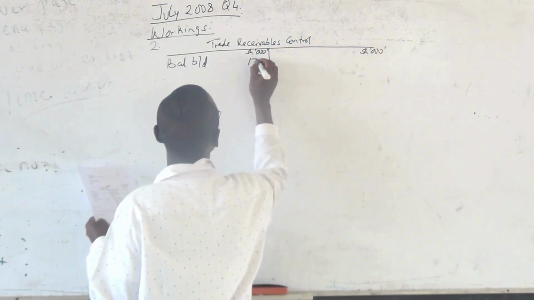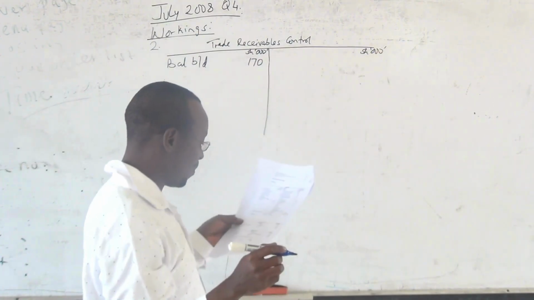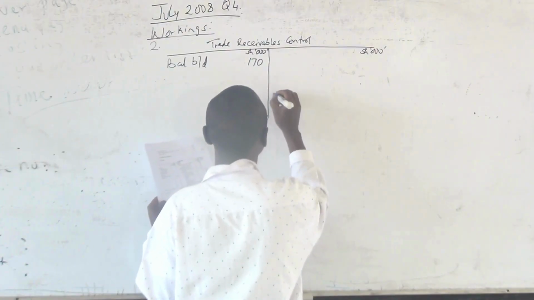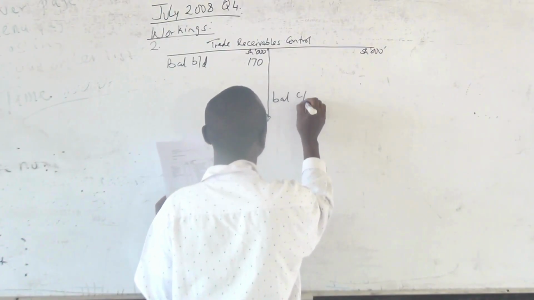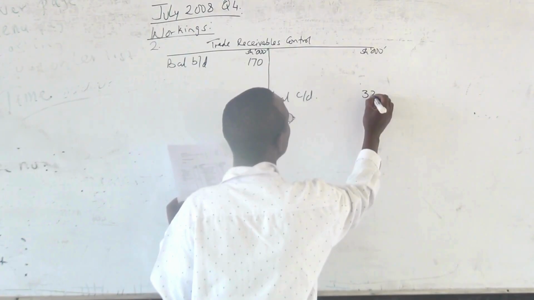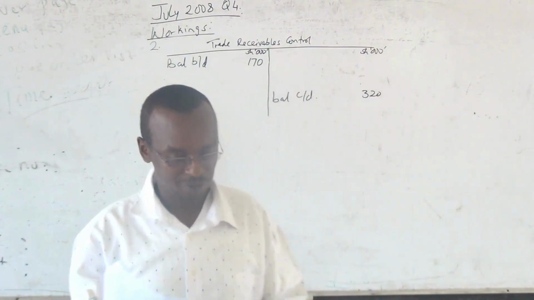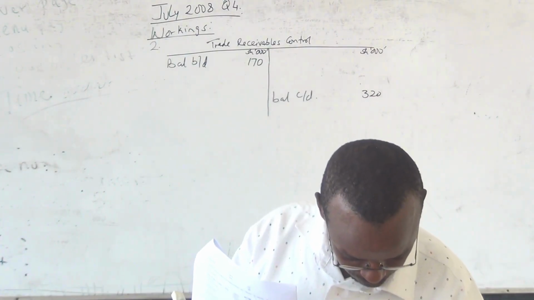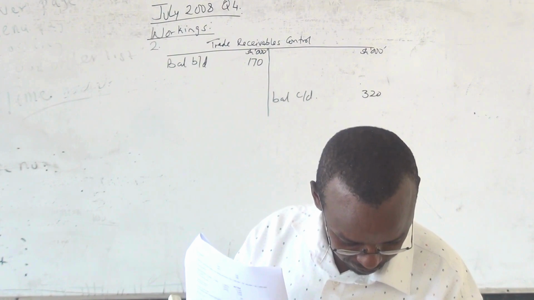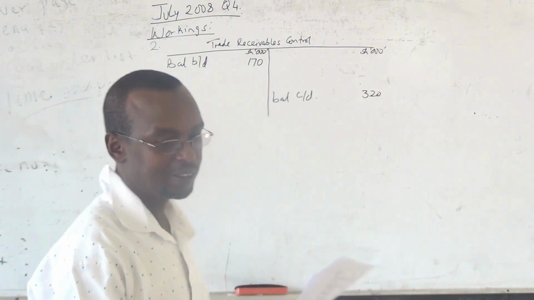We have seen 170. And then what is the balance carried down? Have you seen 320? Trade debtors and creditors at 31st March 2000, can you see it?